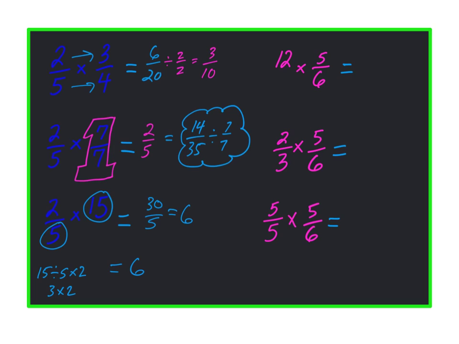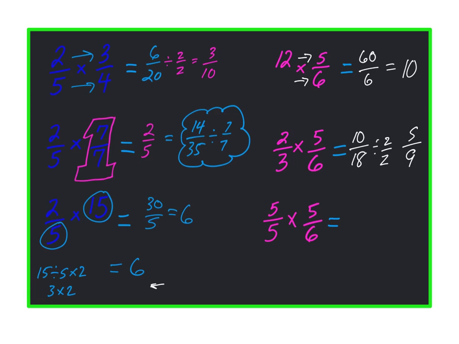Okay, for 12 times 5/6, you can multiply straight across, or like we did down here, you could divide and then times it by the numerator. I'm just going to multiply straight across. We get 60 over 6, which gives me 10. Next, I have 2/3 times 5/6. If I multiply straight across, I get 10/18, which I can simplify by dividing top and bottom by 2 and get 5/9.